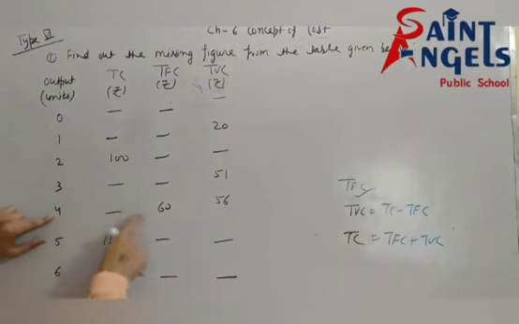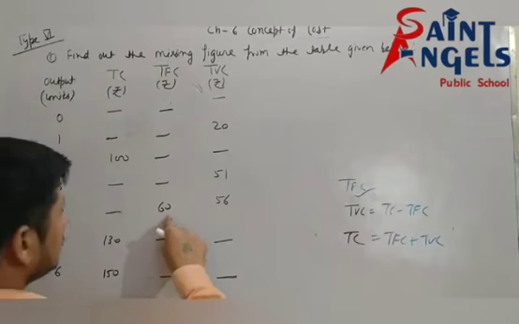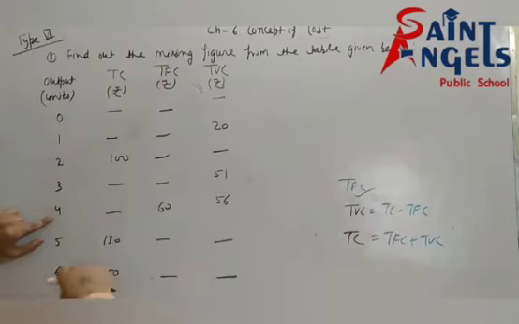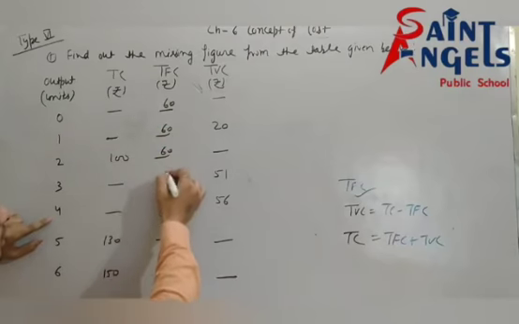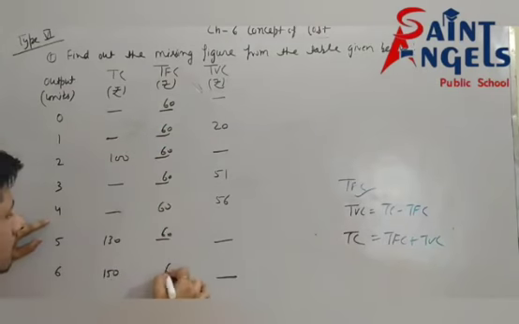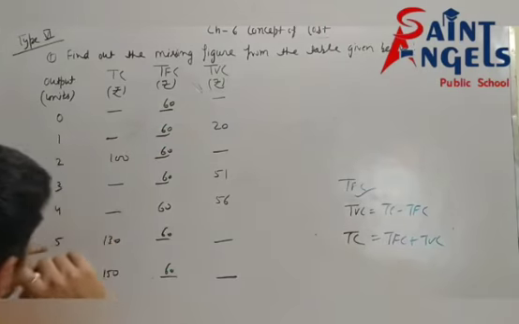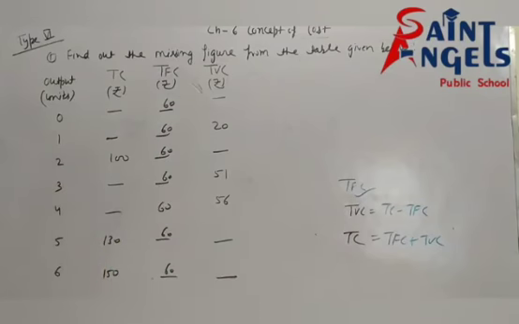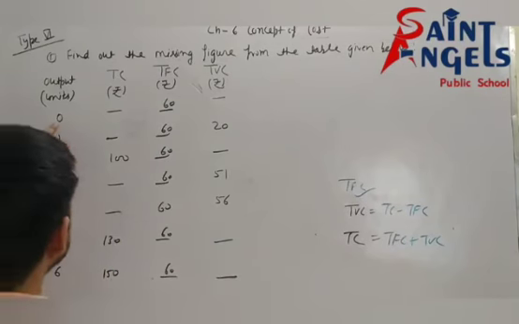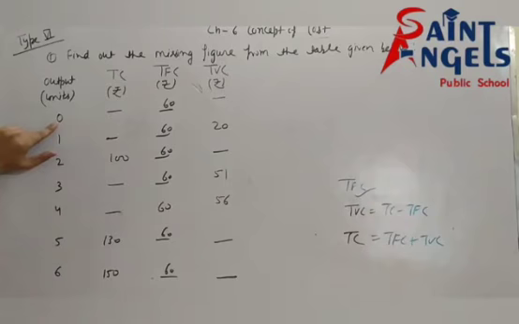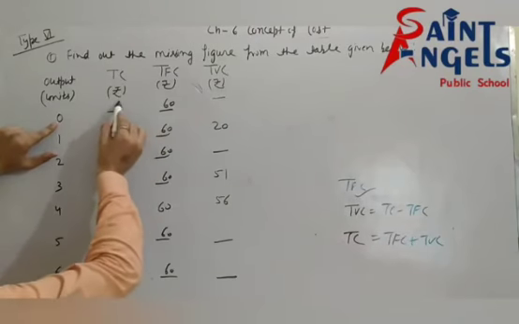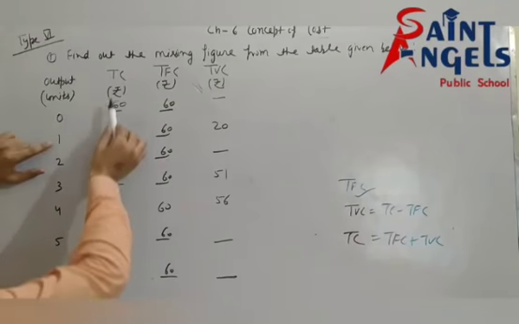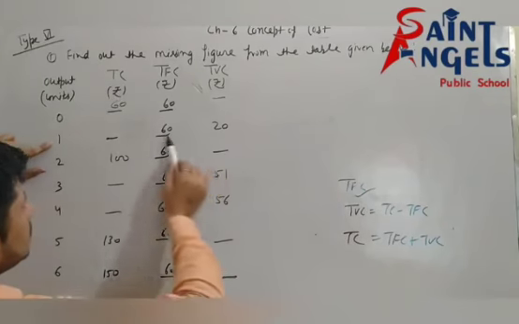See, at 4th unit of output TFC is 60, so TFC will be 60 at all levels of output. Now you can calculate either TC or TVC, it's up to you. See, now at 0 level of output, TC is equal to TFC, so TC will be 60. Now what is the formula of TC? TFC plus TVC.